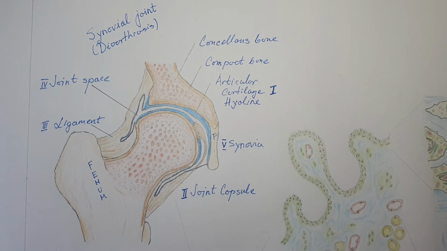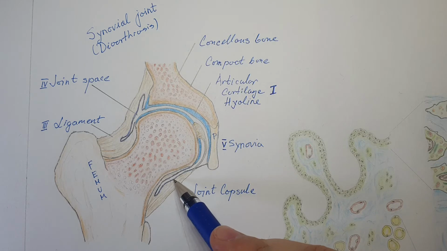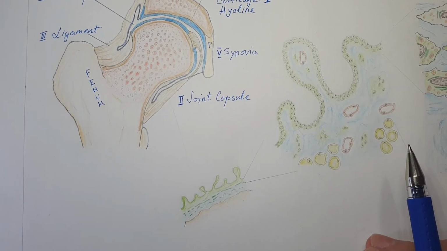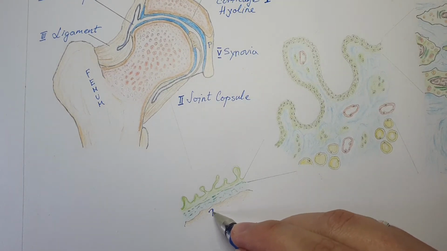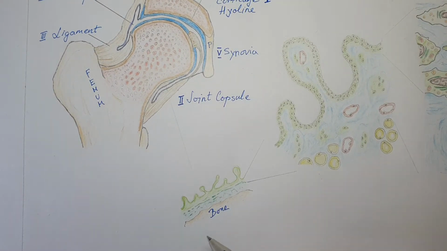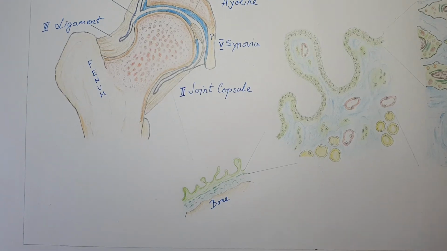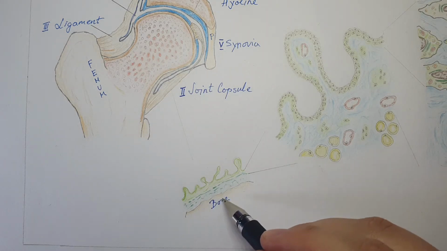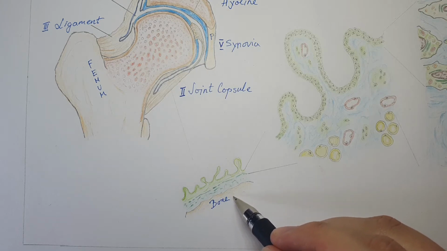The second important element is the joint capsule. If we would take a part of the joint capsule and zoom into it, we would see, for example, the underlying bone. We would see that the joint capsule has two parts. The first part is this outer part that is connected, in this case, to bone with connective tissue.